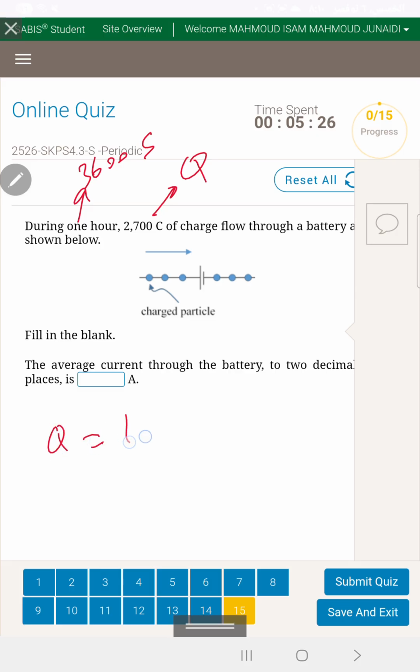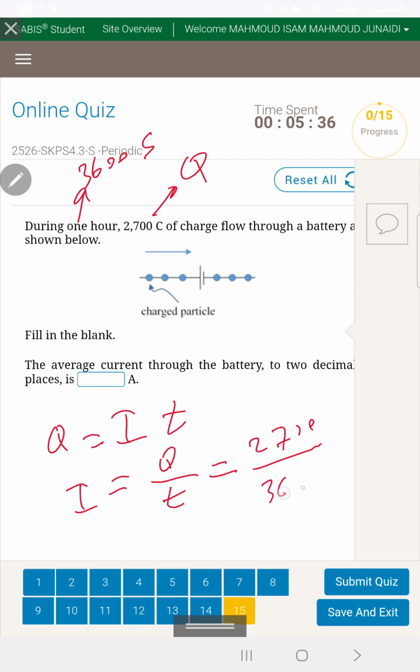So now Q is equal to IT. This means I is equal to Q over T, and Q is 2700 divided by time, which is 3600, and this is 0.75 ampere.